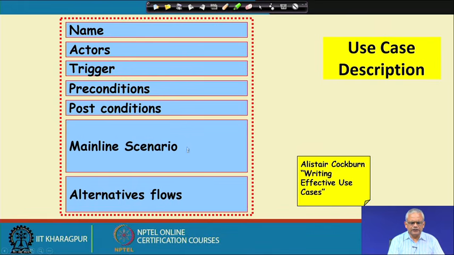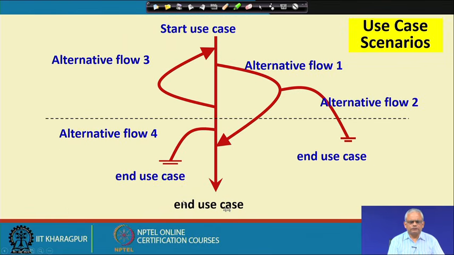This is the typical interaction sequence between the computer and the user, and the alternative flows. We will see what are the different scenarios and what is the mainline scenario, the alternative flow, and so on.